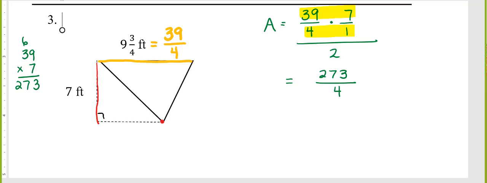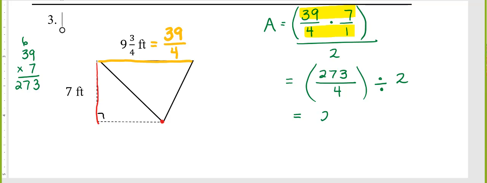Okay, watch. I want that number, so this number, divided by what? 2? And when we have fractions and we've got division going on, we multiply by the reciprocal of the second one.